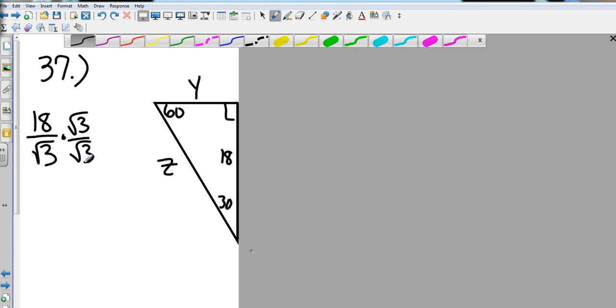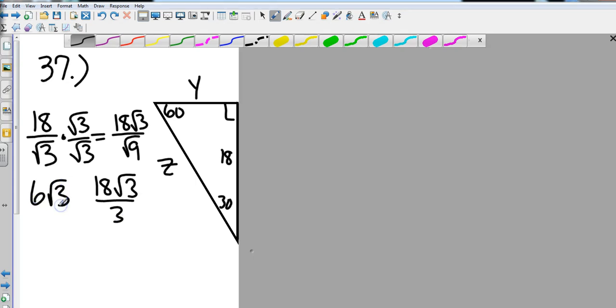So to get rid of that, we multiply by radical 3 over radical 3. That gives me 18 radical 3 over radical 9. Well, we know what radical 9 is, so that's 18 radical 3 over 3. And because 3 goes into 18, I can go ahead and do that. 18 divided by 3 is 6 radical 3.